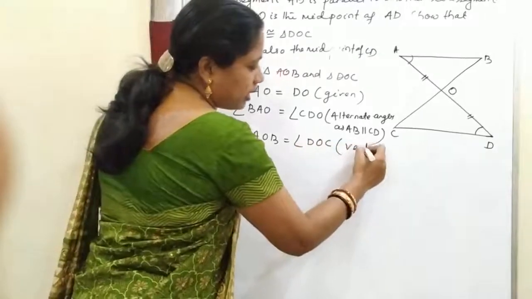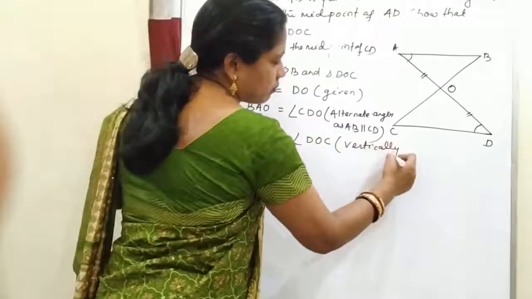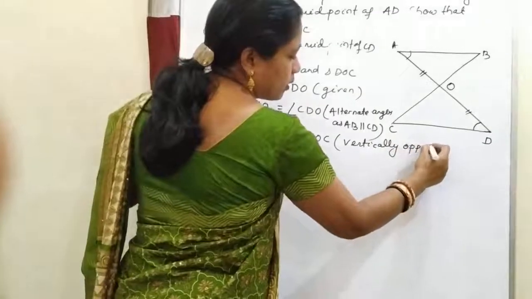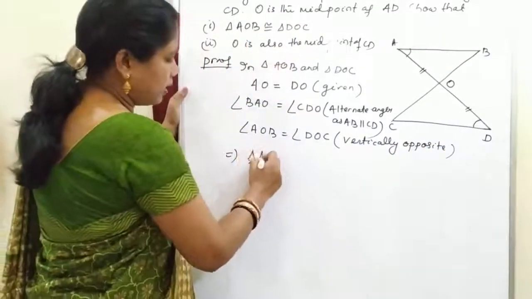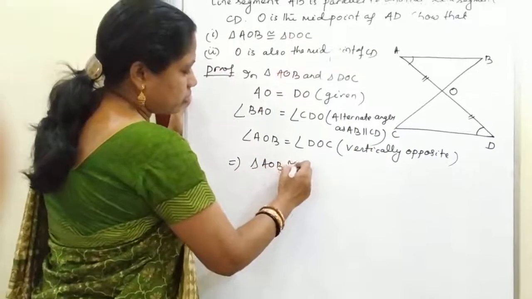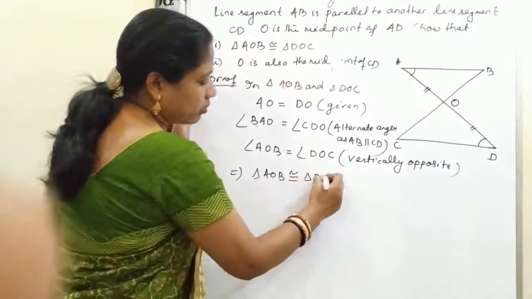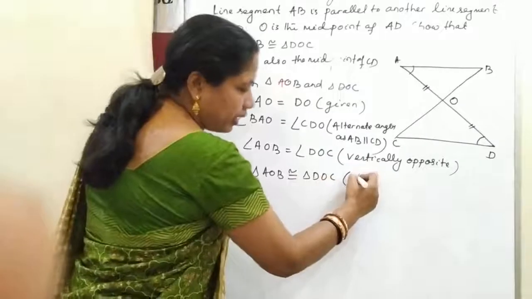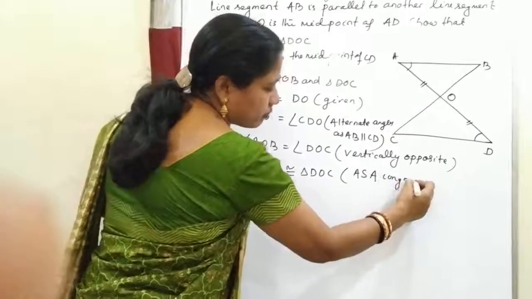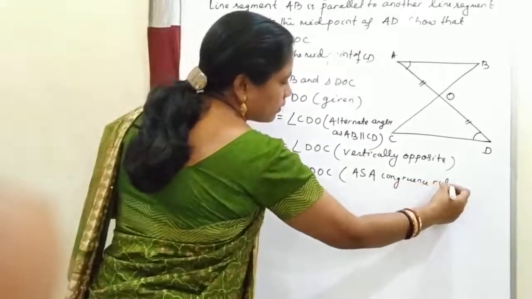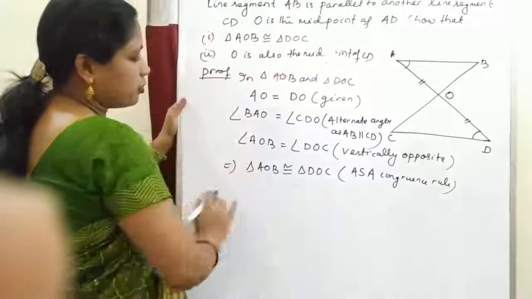These are vertically opposite angles. So this implies triangle AOB is congruent to triangle DOC by the ASA congruence rule. Then our first part is proved.